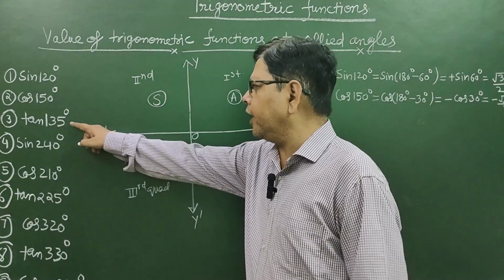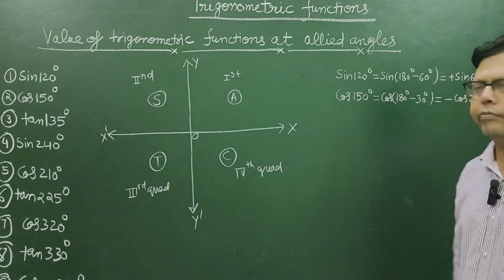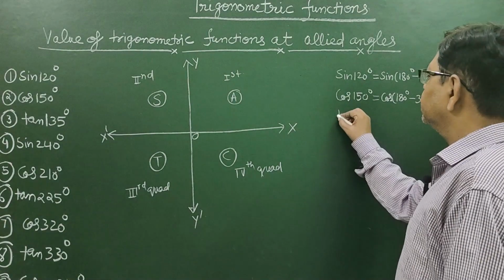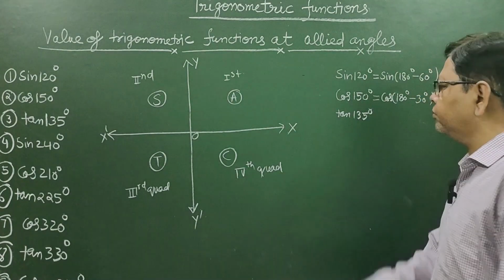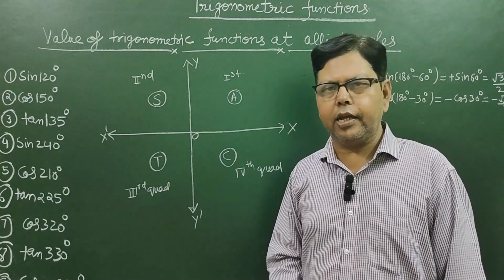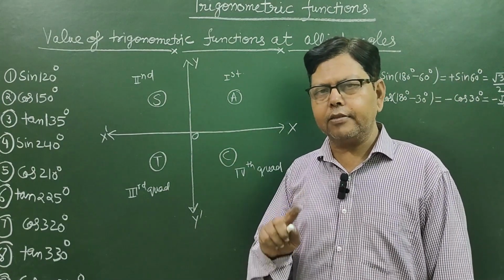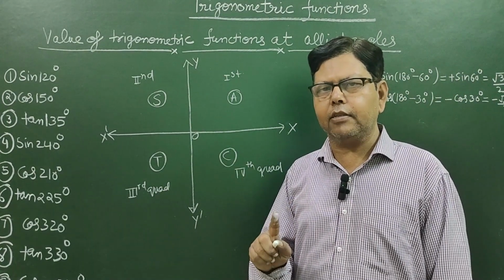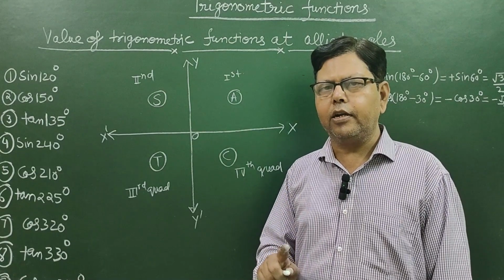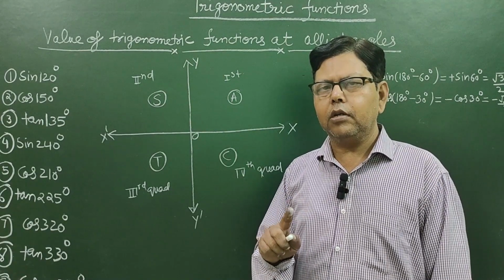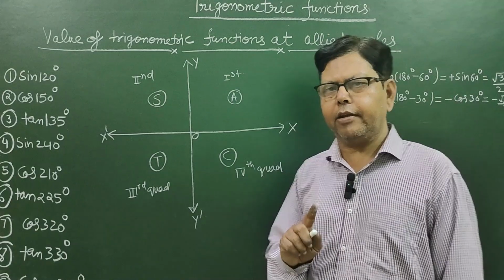Third, tan 135 degree. Again 135 degree angle is greater than 90 degree, less than 180 degree. It lies in the second quadrant, and in the second quadrant the trigonometric function tan is negative.